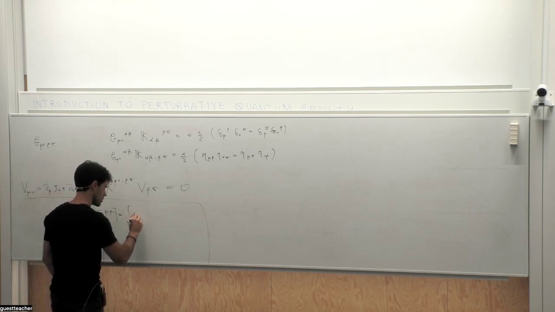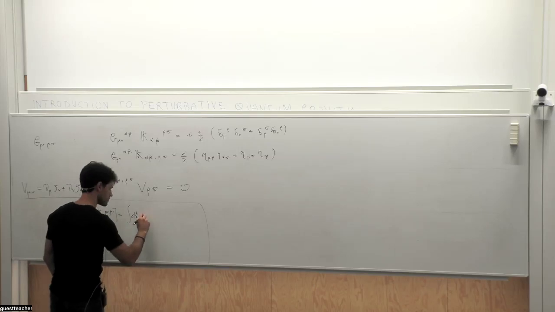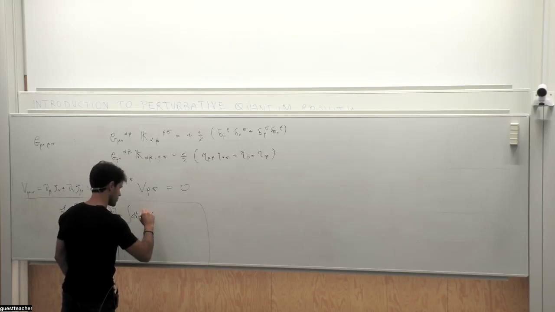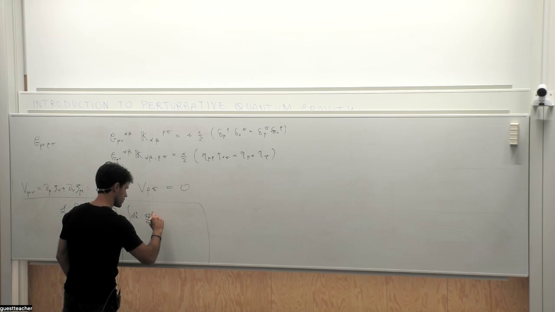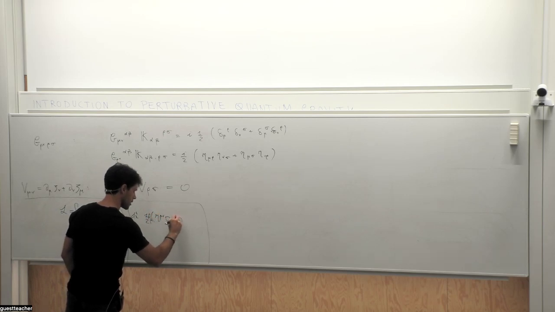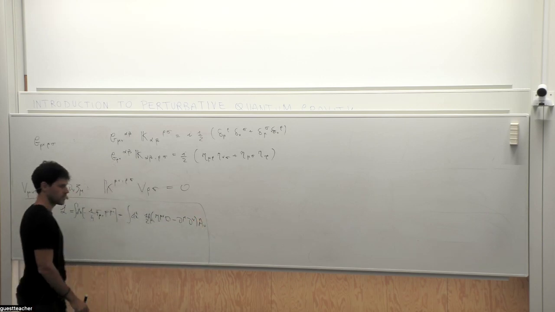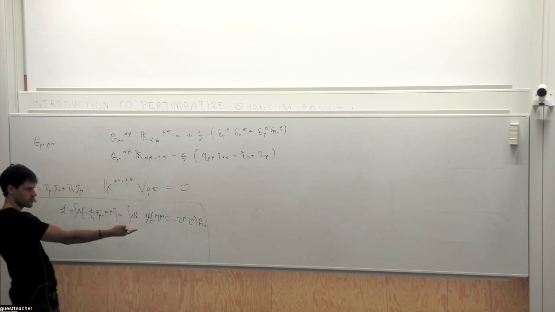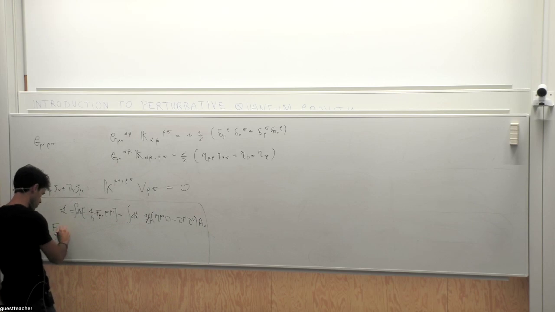Which is basically the following: 1/2 a_mu eta^{mu nu} box minus... a_mu. This is basically the kinetic term for the photon, where F_mu nu is this combination, right?